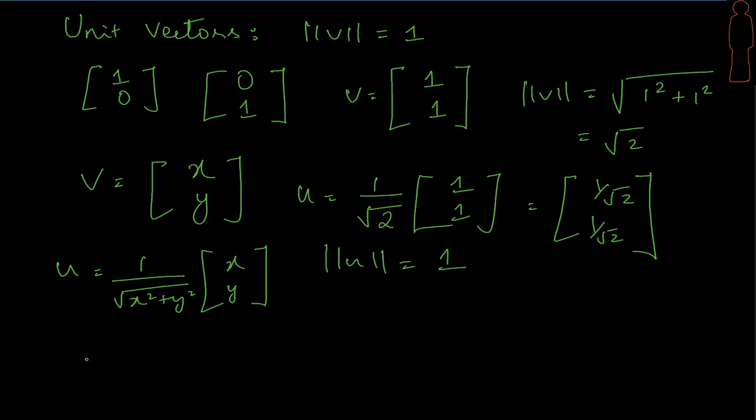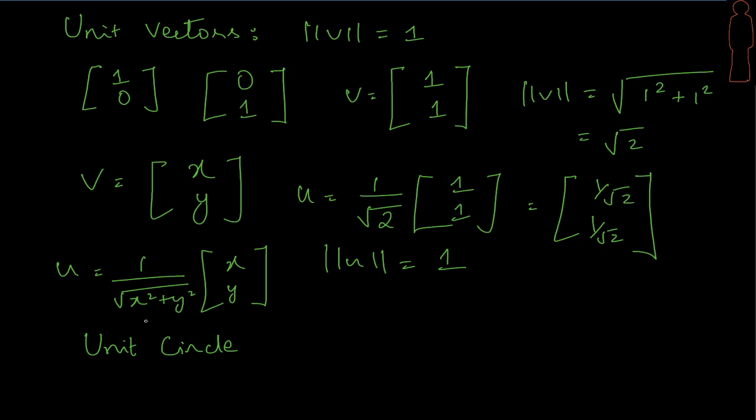Another way to handle unit vectors or find unit vectors is to look at what is called the unit circle, right? With a radius of 1 at the origin, if we have a circle, then any vector which is touching that unit circle has got to be a unit vector, simply because the radius of the circle is 1, right?